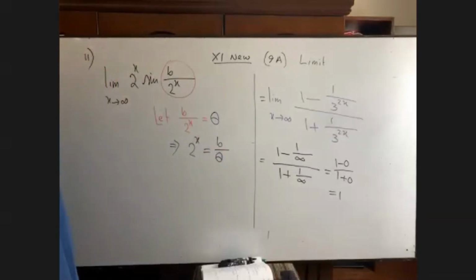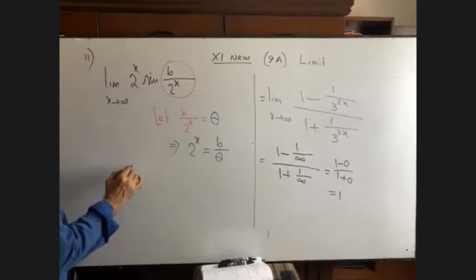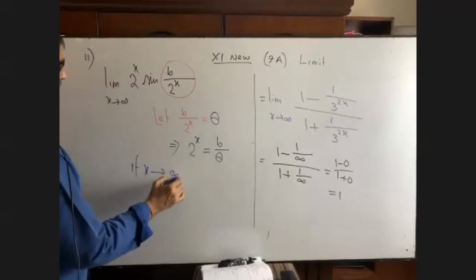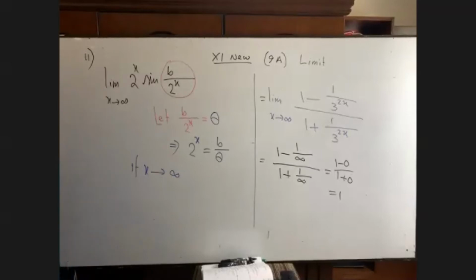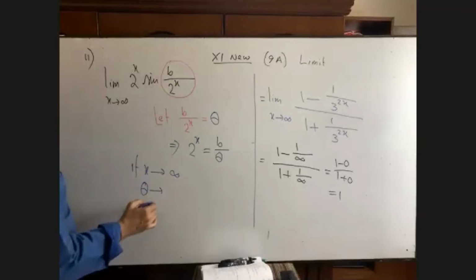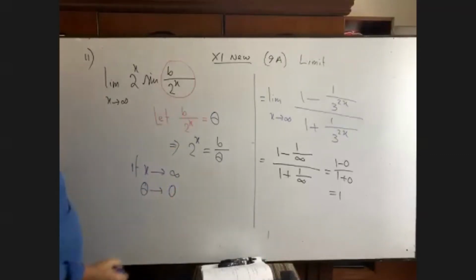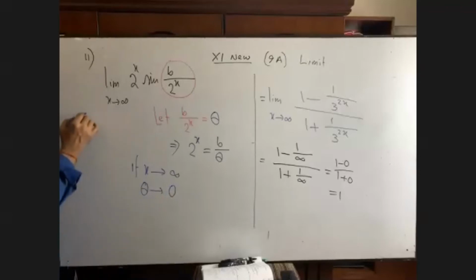Now, if x tends to infinity, then theta tends to b by something by infinity, which is what? 0. Remember, something by infinity, the answer is 0. Please remember it.